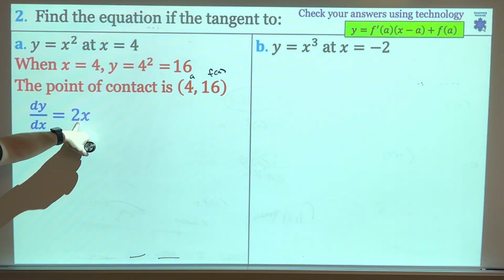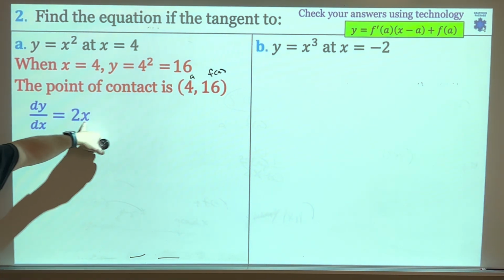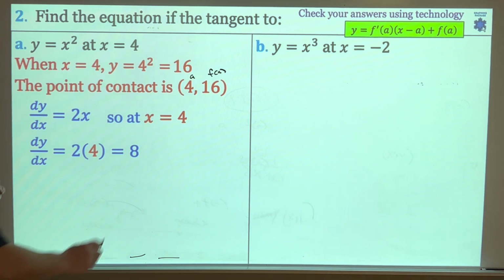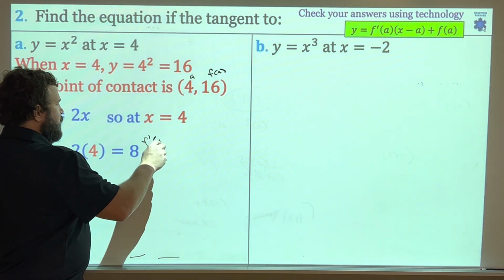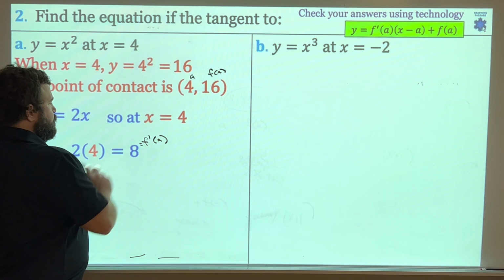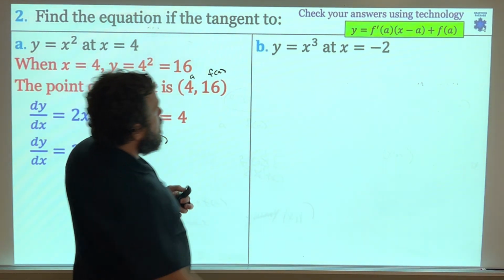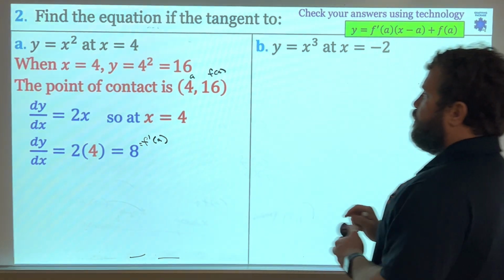So this is f prime. F prime of a would be, plug 4 in there. So when x equals 4, 2 times 4 equals 8. My 8 right here would be my f prime of a. Take those 3 things, plug them into the equation.